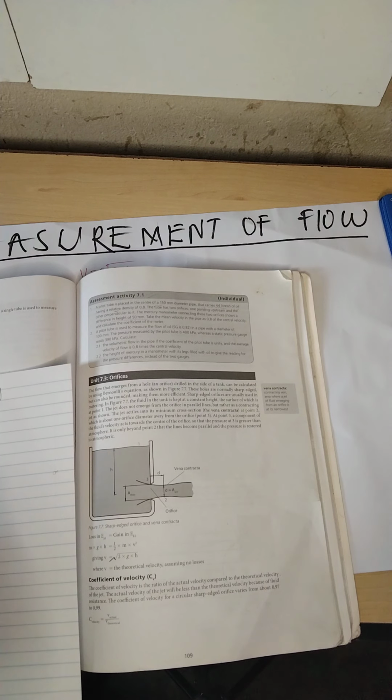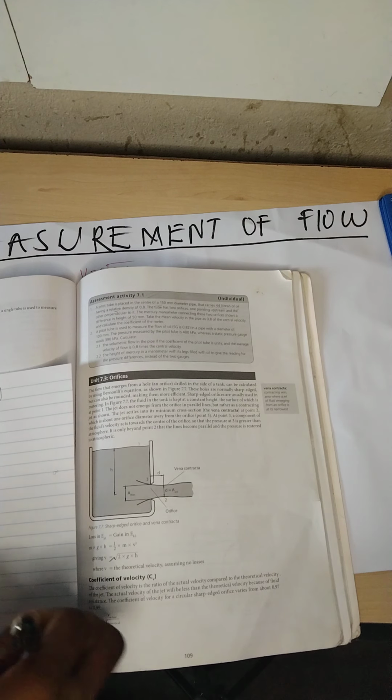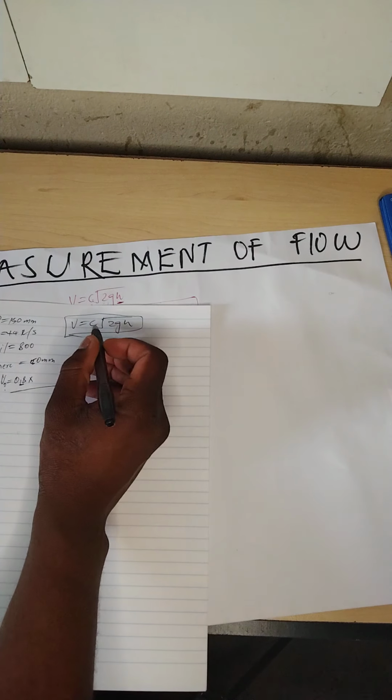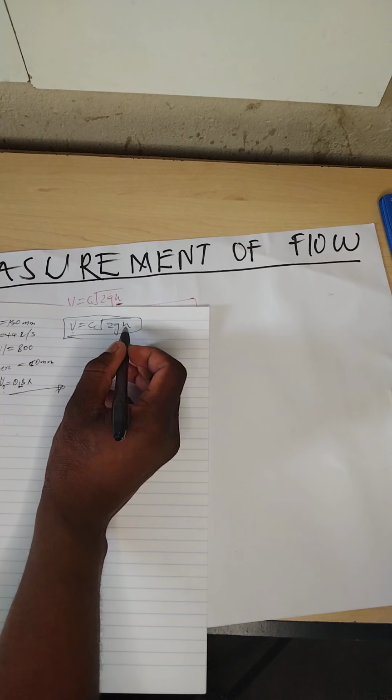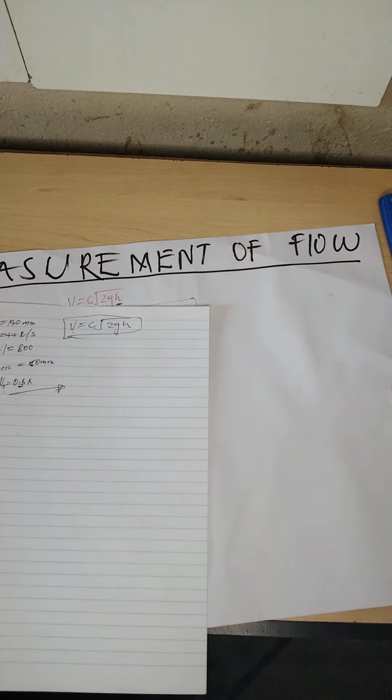But we can't calculate C without having velocity, without even having a height. And we know that if that is the case, we have to look at this equation over here.